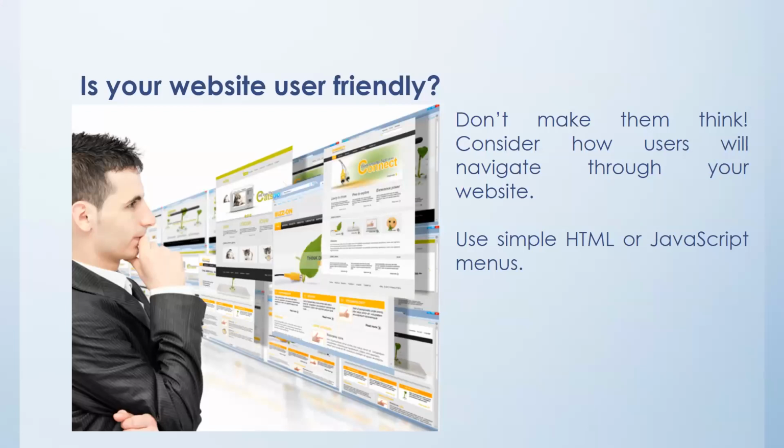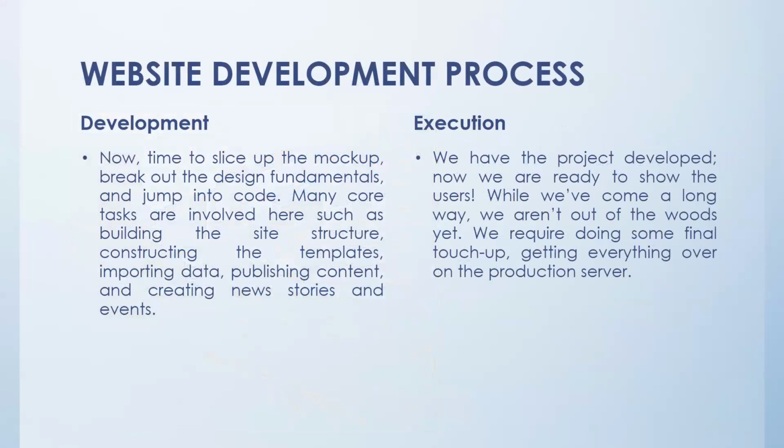That should also be considered. These are the other two processes. Earlier we plan, then design, then development, then the last one, execution, right? I already explained what development and design are, then execution, that is deployment. So that is the execution part.